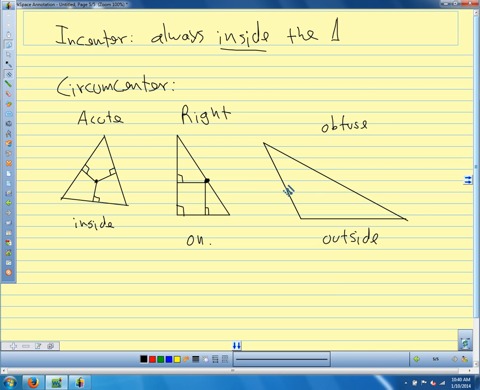So my circumcenter would end up being somewhere over here. So our incenter is always inside, and the circumcenter can be inside, outside, or on the triangle.